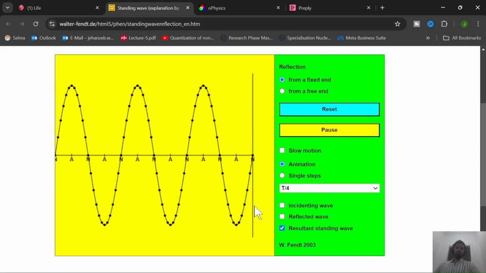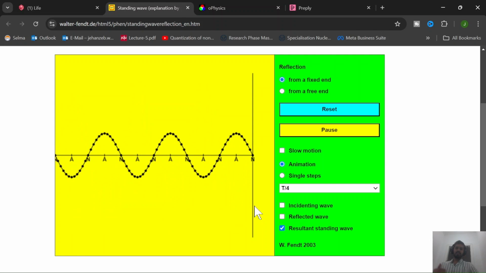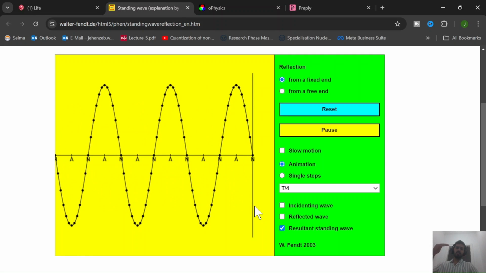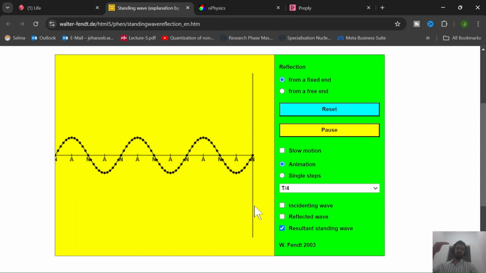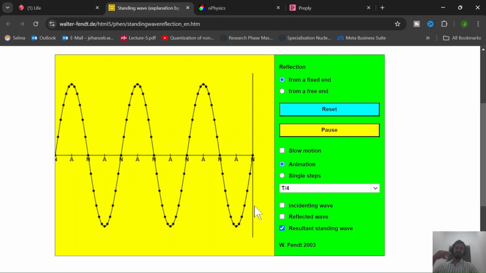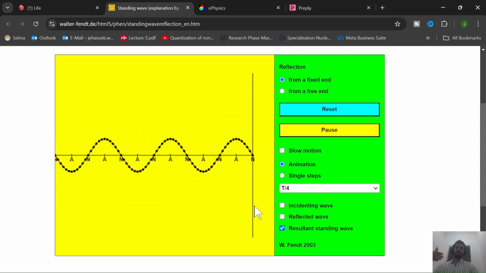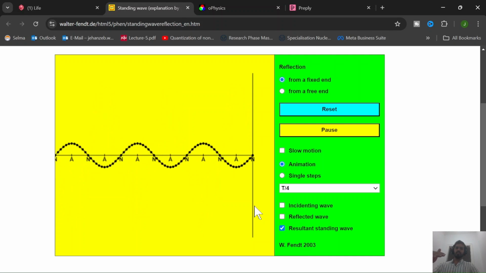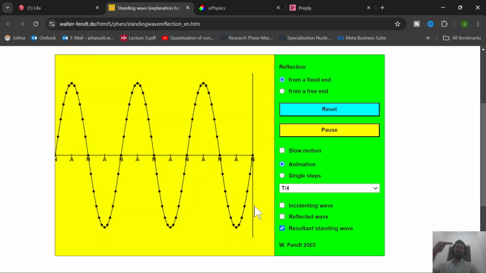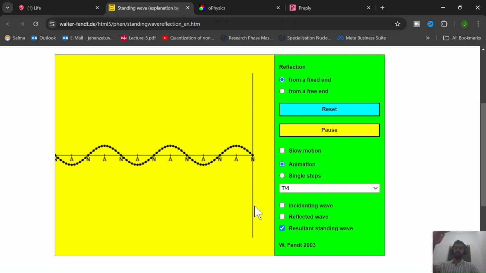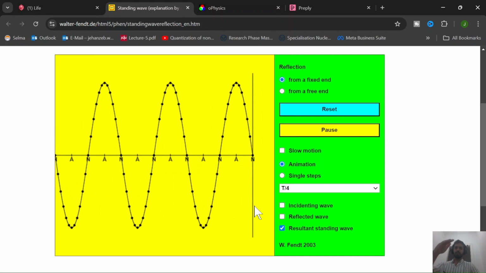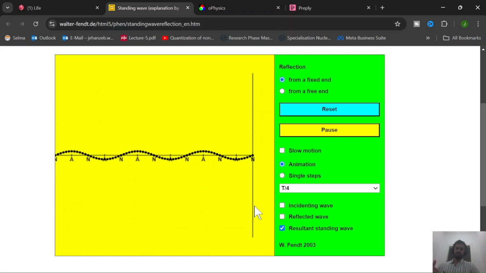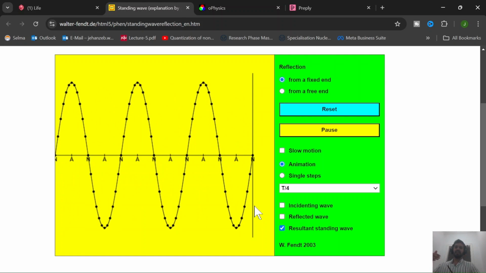Another definition of phase for a standing wave is that if 2 points reach their respective amplitudes at the same time in the same direction, then they are in phase. So you can see all the points above the x-axis reach their respective amplitudes at the same time in the same direction. So they are in phase. Compared to the points that are moving in the opposite direction, they are in antiphase.